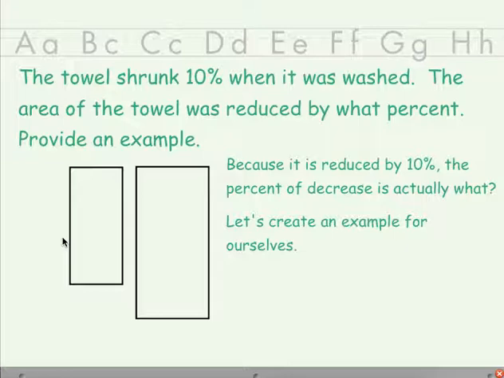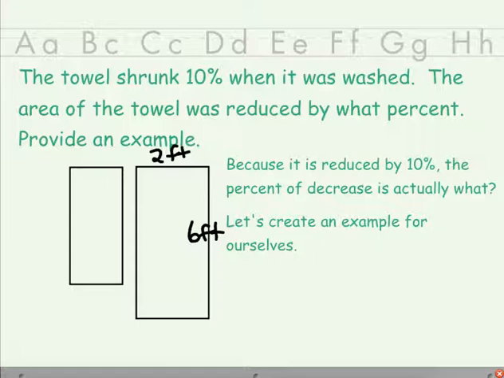So we have our original towel. Let's say it is 2 feet by 6 feet. And it shrunk by 10%. That means the dimensions went down by 10%.